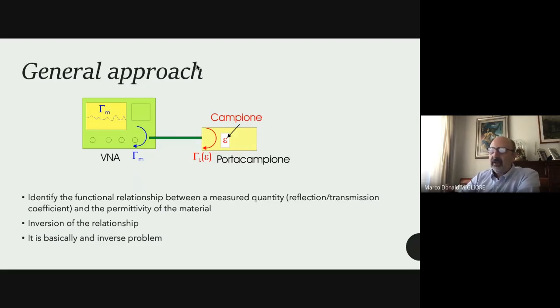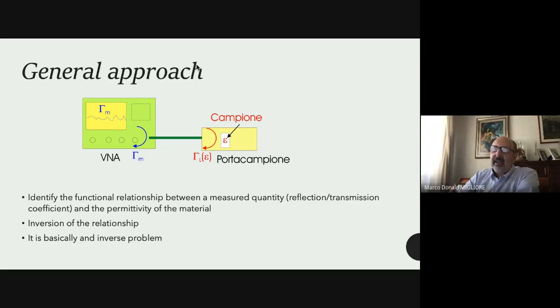We know the relationship between the reflection coefficient in this sample and the permittivity of the material, and we estimate the permittivity from the measurements. And as with any inverse problem, the secret of the method is to have accurate measurements.